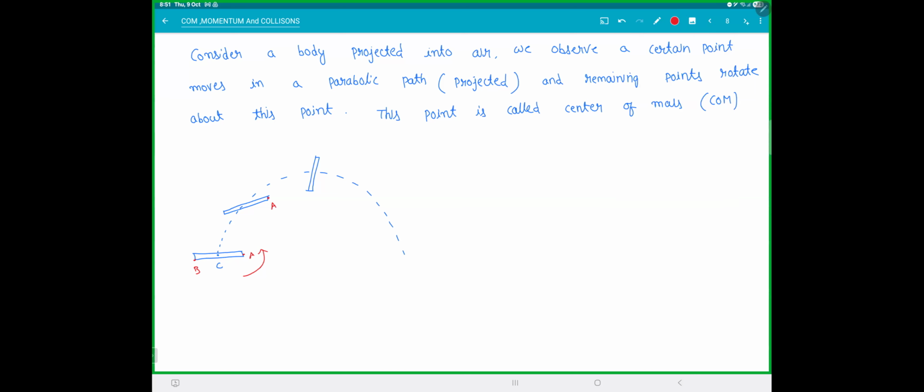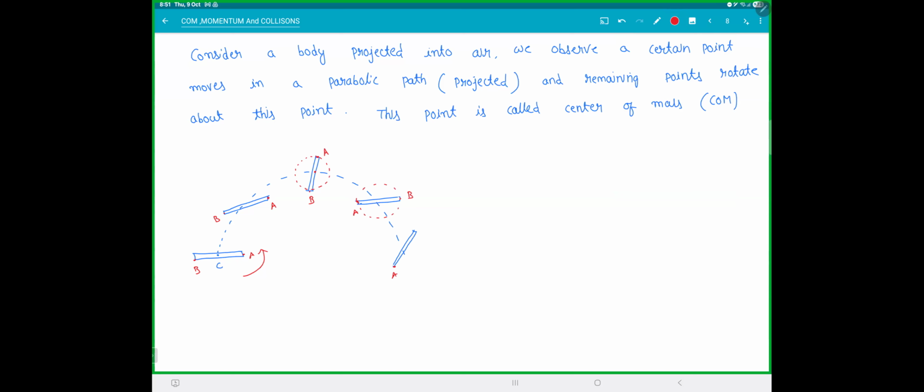Basically, this is A. This is A. So if you observe this motion of A, right, A and B are going in circles about the center. And this is how the motion will be.